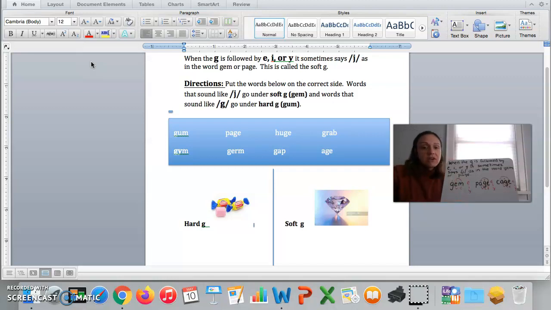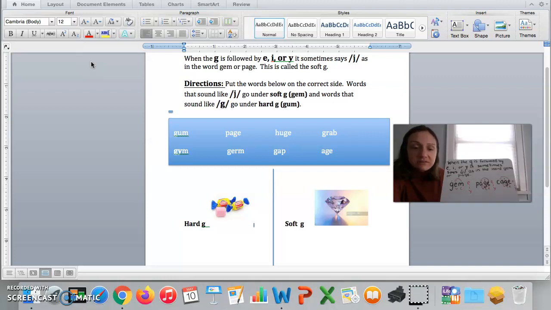Now on the screen, you see some words in blue, right? And underneath that, you see a picture of a gum, and then you see a picture of a gem, okay? In the blue box, you see words like gum, gym, page, germ, huge, gap, grab, age.